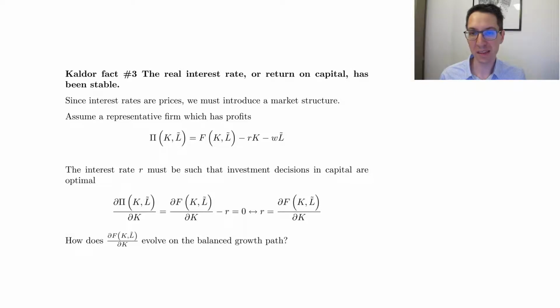So let's formalize this a bit more. Since the interest rate is a price, let's go ahead and introduce some more market structure and see what happens. We're going to assume a representative firm with profits π of K and productive labor L tilde, which is equal to f of K, L tilde, and this is the same f as before.